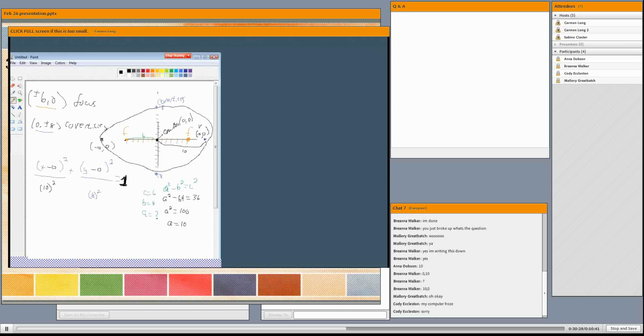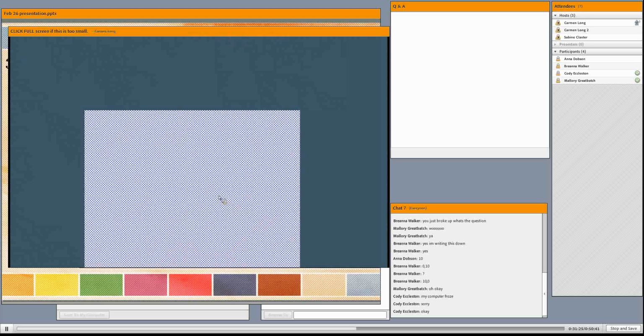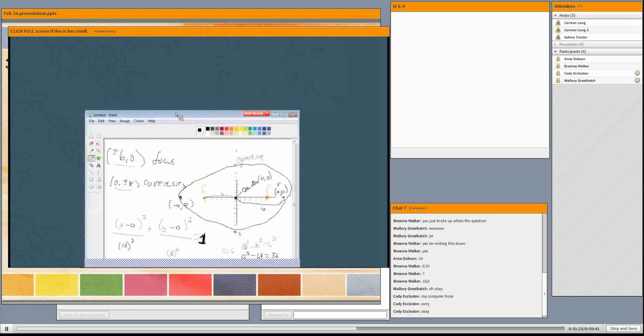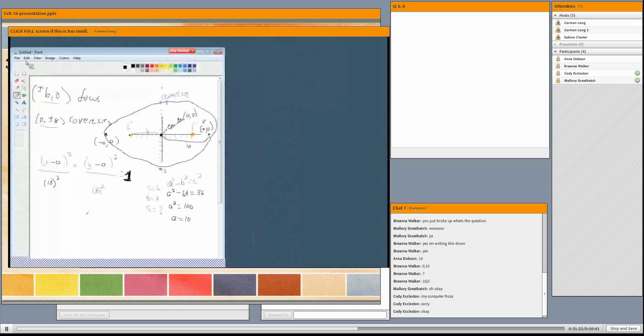So 36, 8, 288. Let's see if I can remember that. 36, 8, 288. Get my paint pad up here. Let's do 36, 8, 288. I'm terrible with numbers, which is kind of funny, but I really am. File, new. There we go.